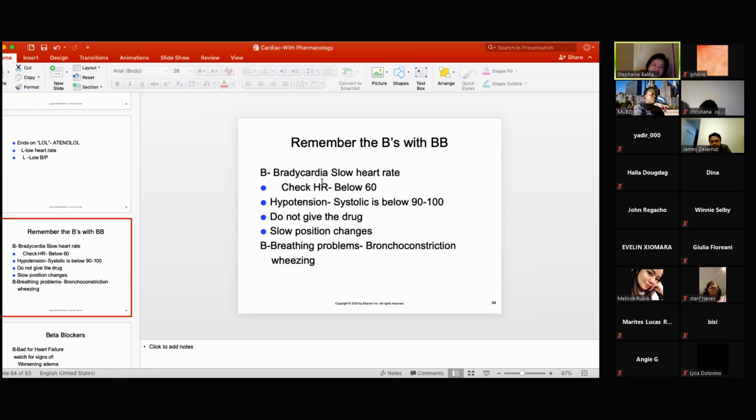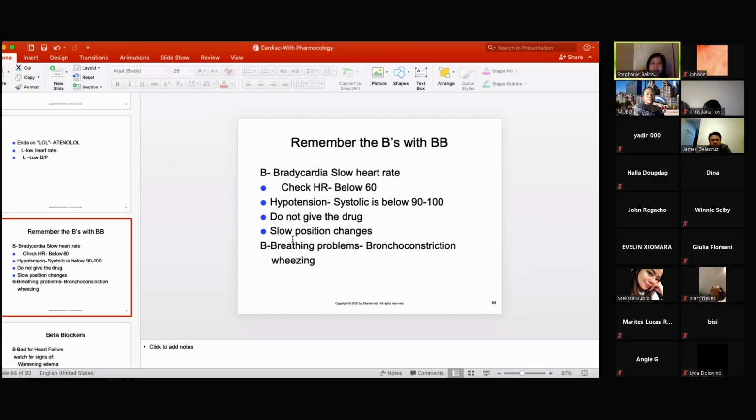And again, with orthostatic hypotension, they keep going over and over about slow position changes. So just remember that with your antihypertensives, slow position changes.